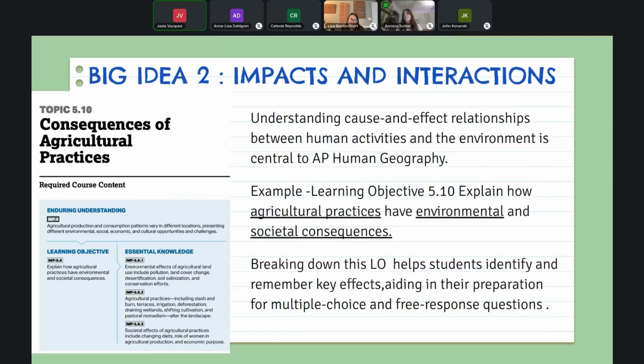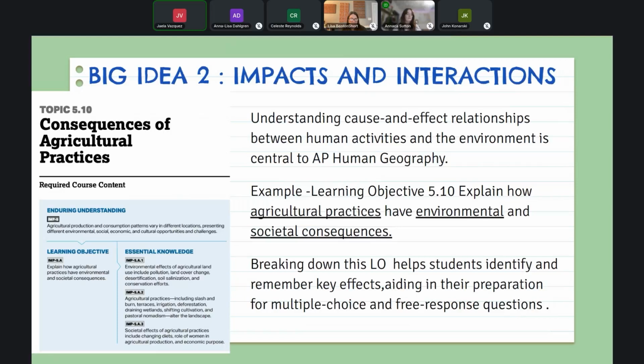It says, explain how agricultural practices have environmental and societal consequences. So then I'm like, let's break it down. Breaking down this LO helps students identify and remember key effects. And this will help them in preparation for FRQs and also multiple choice questions.